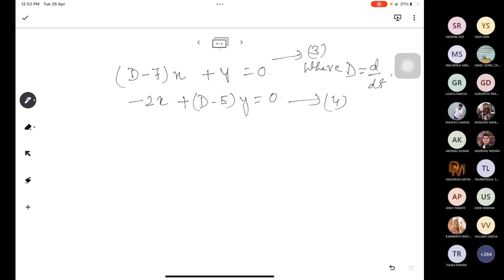So in order to eliminate x, we multiply equation 3 by 2 and we add it to equation 4 multiplied by D minus 7. So what will we get?